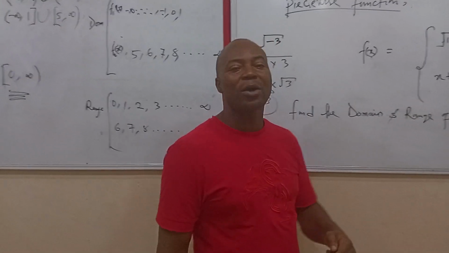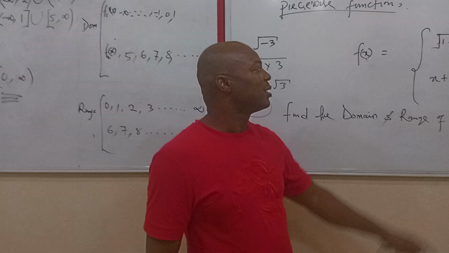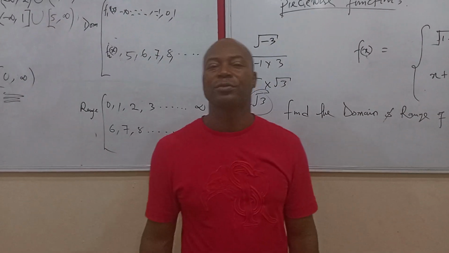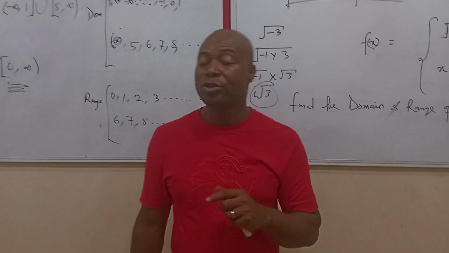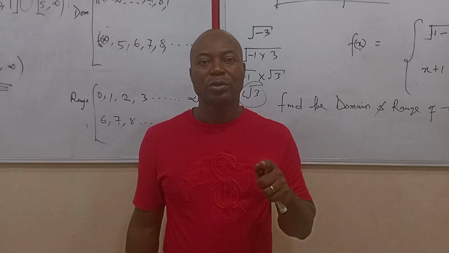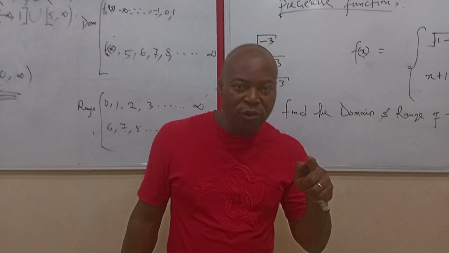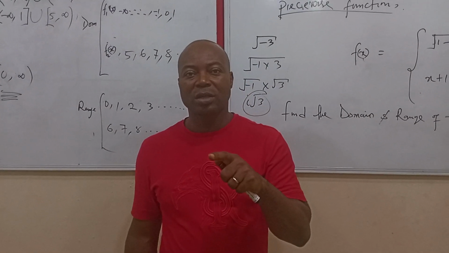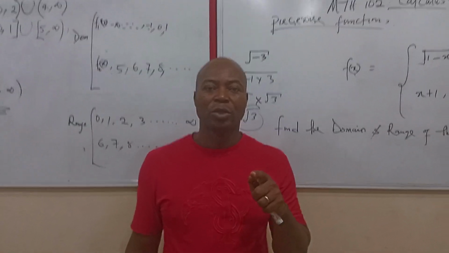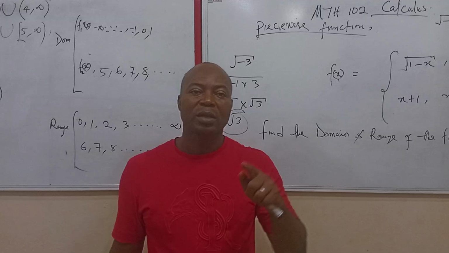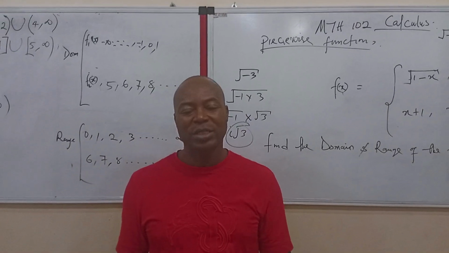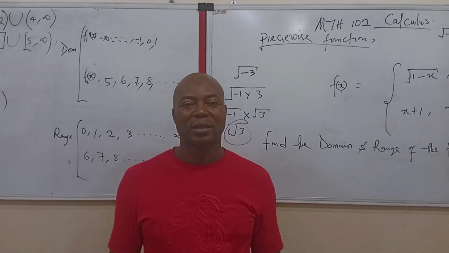The other case we talked about is a function that has a square root. If you have a square root, you must be very careful. Inside the square root, if you put a negative number, a negative value, you will see that it gives you a complex number.